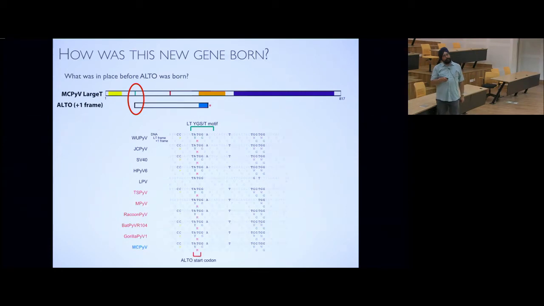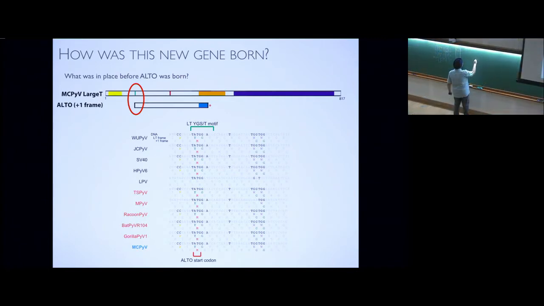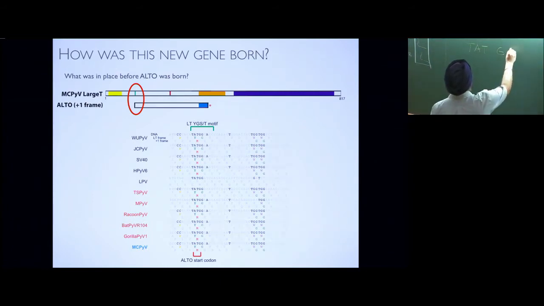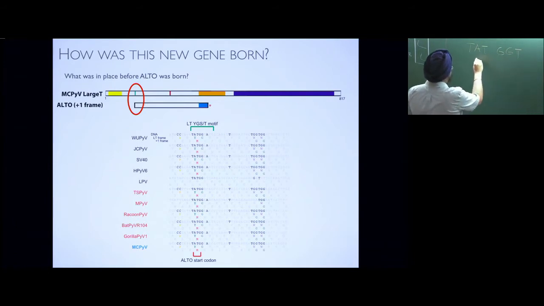So you see this motif here, YGST. That is a sequence that encodes for the completely essential YG motif involved for RB interaction.